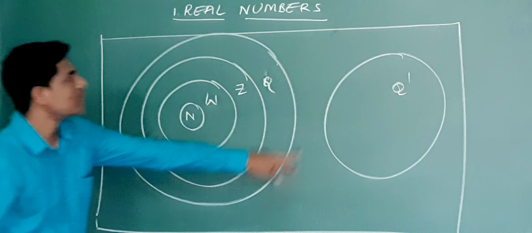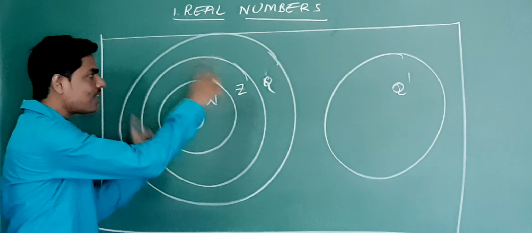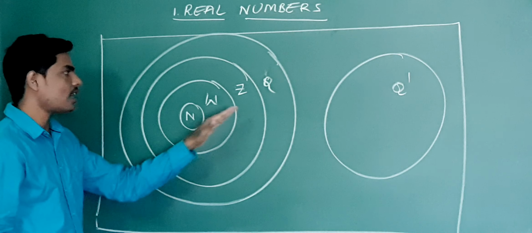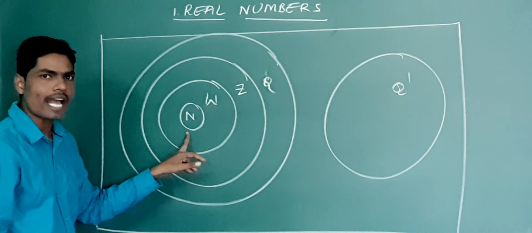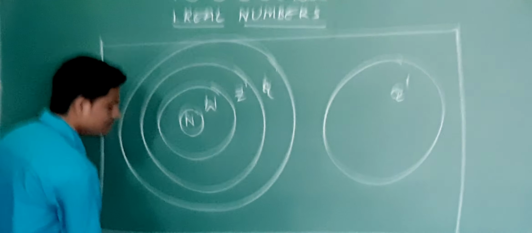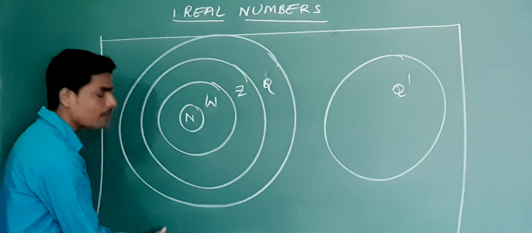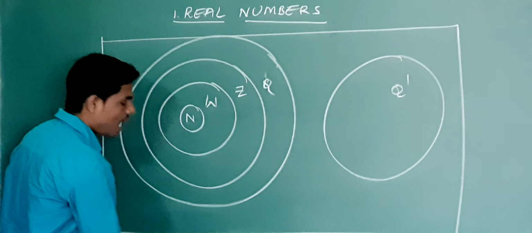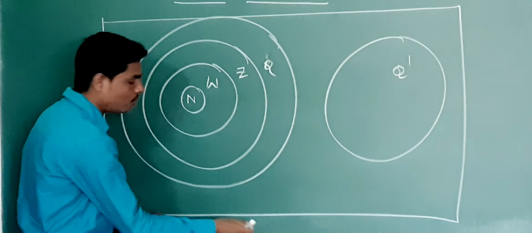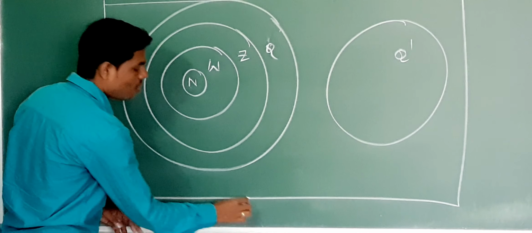See, here it is completely rational numbers. In that, only integers are contained, and whole numbers and natural numbers. The set of natural numbers is a subset of whole numbers, and the whole numbers are also a subset of integers.